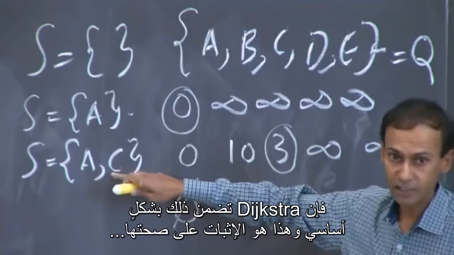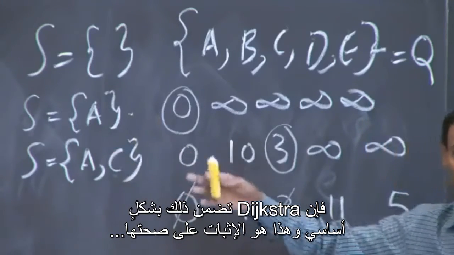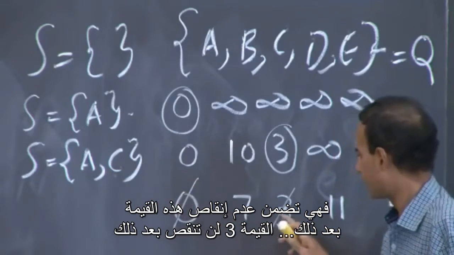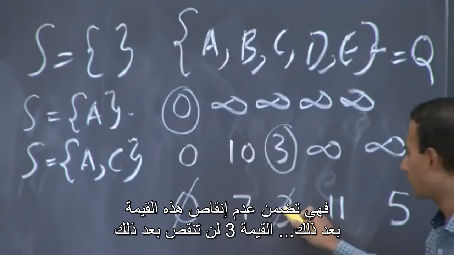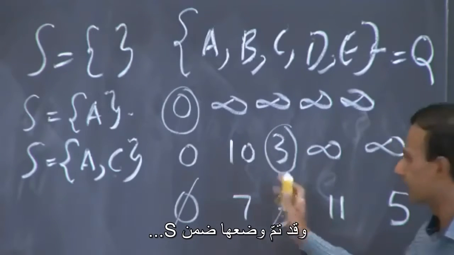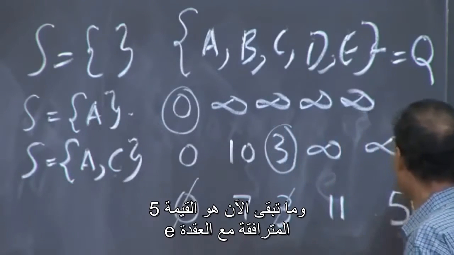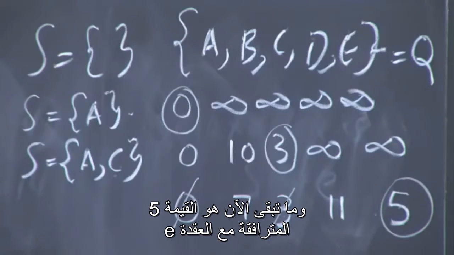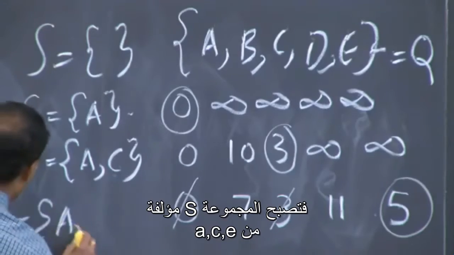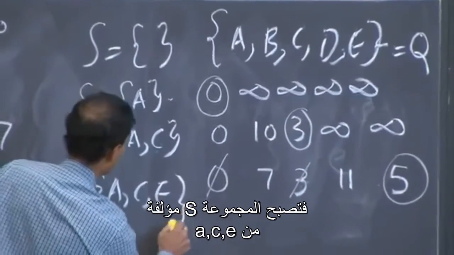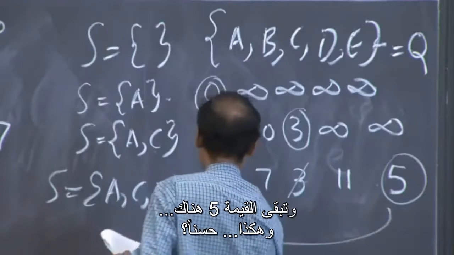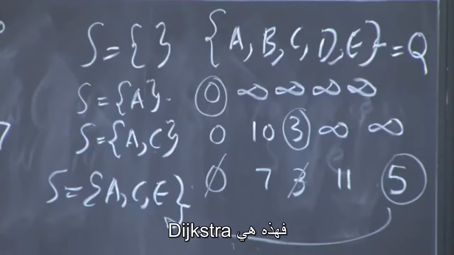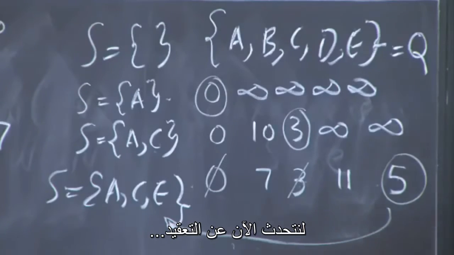Dijkstra guarantees, and that's the proof of correctness, which takes a bit of doing, that this value is never going to reduce anymore. The 3 value is never going to reduce, and it's been put into S. What's remaining now is 5, which corresponds to the E vertex. So S becomes A, C, E. The 5 gets stuck in there, and so on and so forth. So that's Dijkstra. And now let's talk complexity.